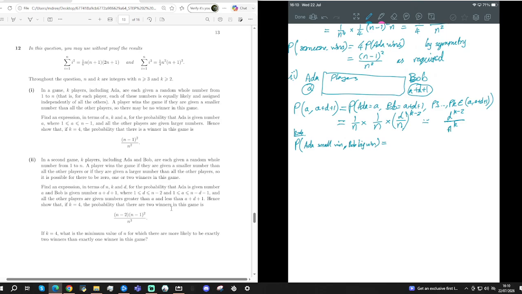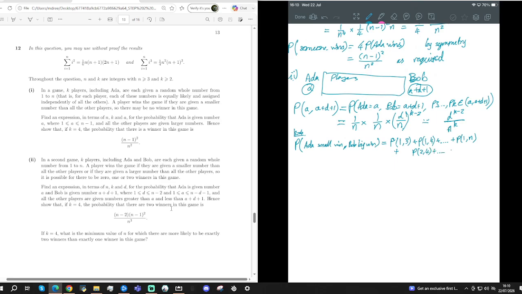I'm going to try writing it out first to start with, and then turn it into some summations. So this would be the probability that Ada gets 1, but Bob gets 3, plus the probability that Ada gets 1, Bob gets 4, plus all the way up to the probability that Ada gets 1 and Bob gets n. Those are all the possibilities of Ada winning when she picked 1. Or she could have picked 2, and then Bob would have to pick 4.